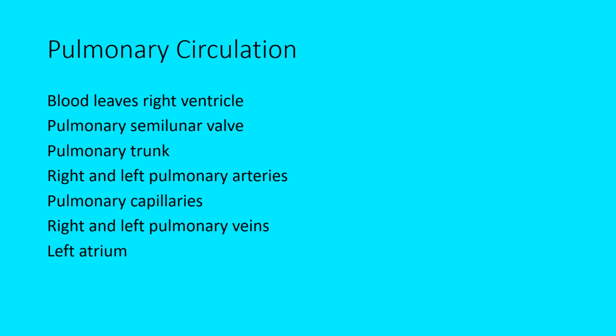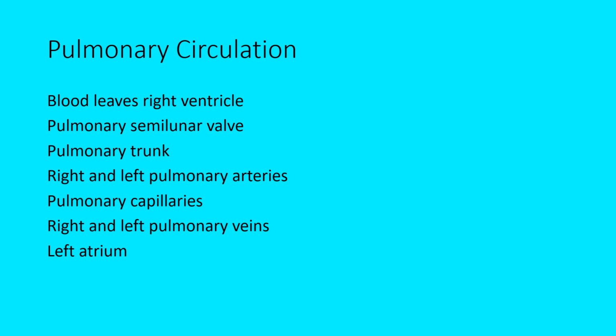Diameter-wise, the pulmonary trunk is thick, but length-wise it's not very long because it immediately branches into the right and left pulmonary arteries. The right pulmonary artery goes to the right lung, and the left pulmonary artery goes to the left lung. From there, the blood flows from the pulmonary arteries, branching smaller and smaller until eventually you get the pulmonary capillaries, which are in the lungs.